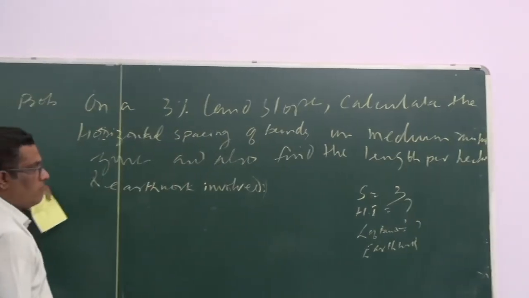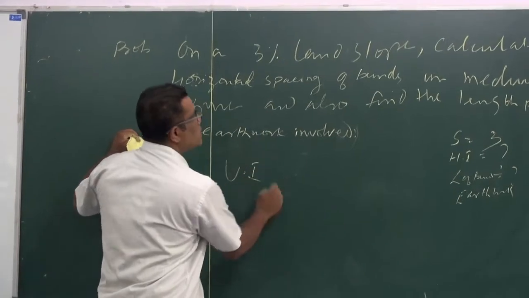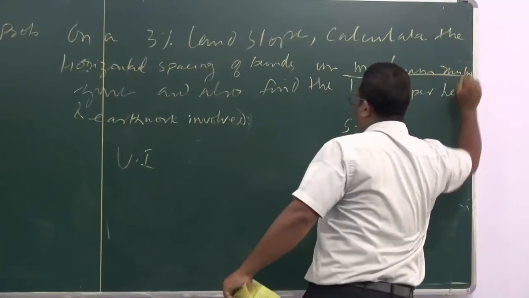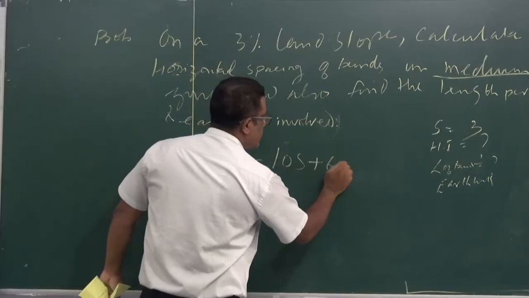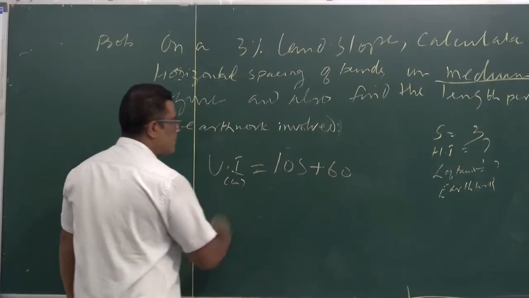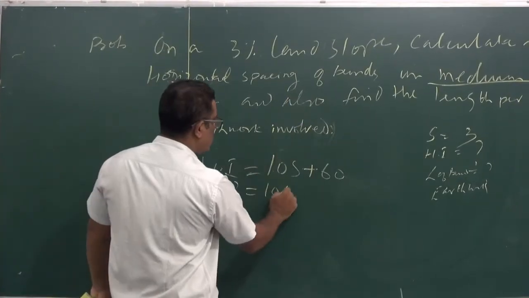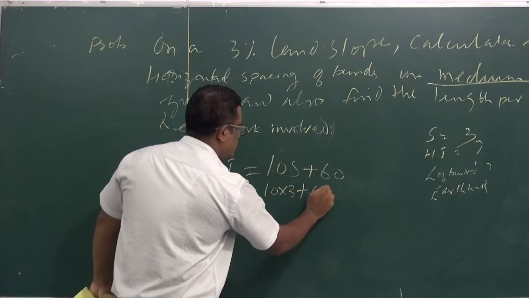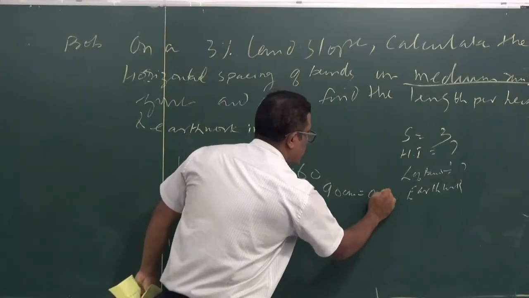So the general formula for Vi, for this medium rainfall area, will be 10S plus 60 in centimeters, right? S is given as 3, so 10 into 3 plus 60, that is 90 centimeter, equal to 0.9 meter.